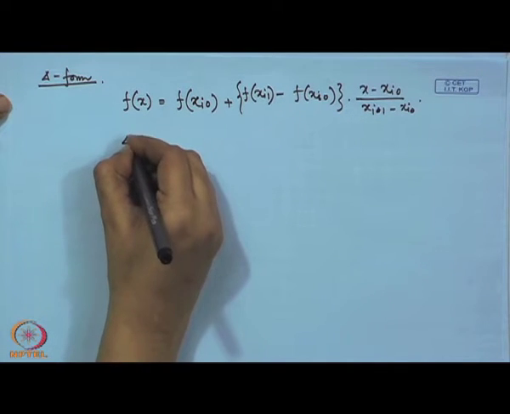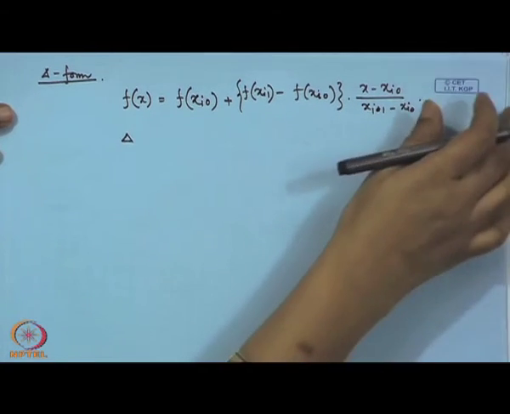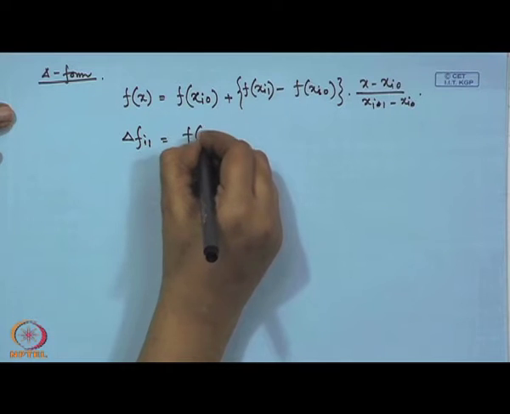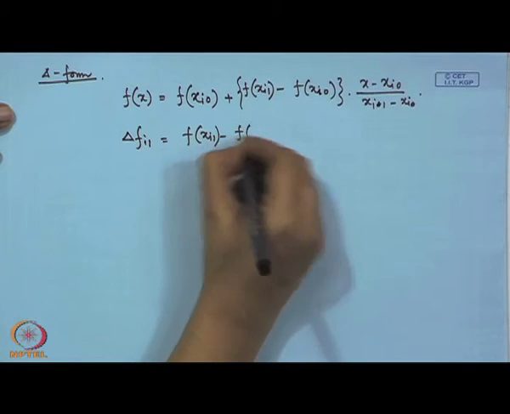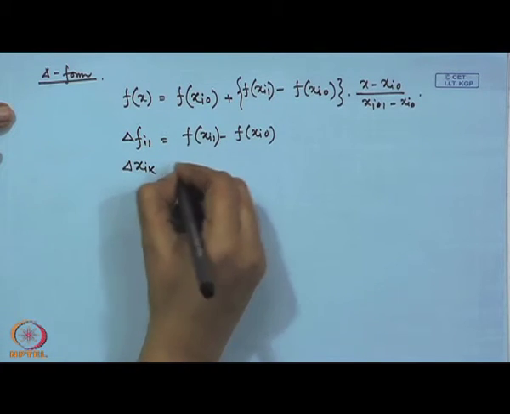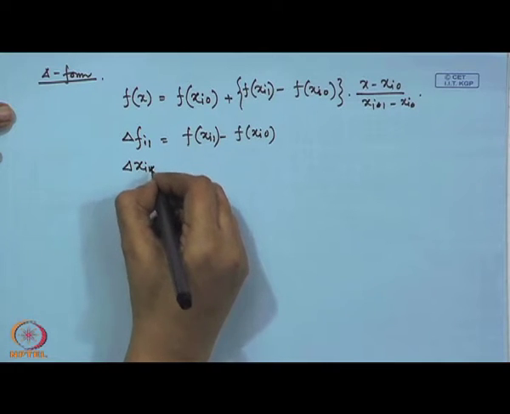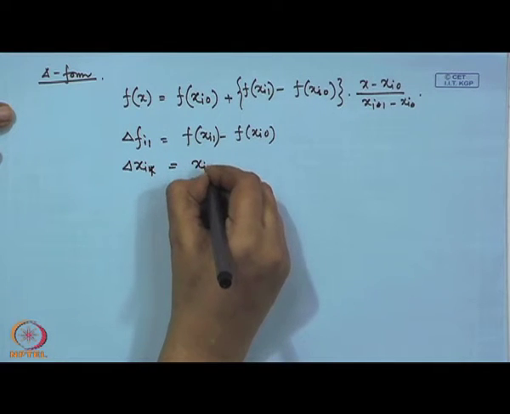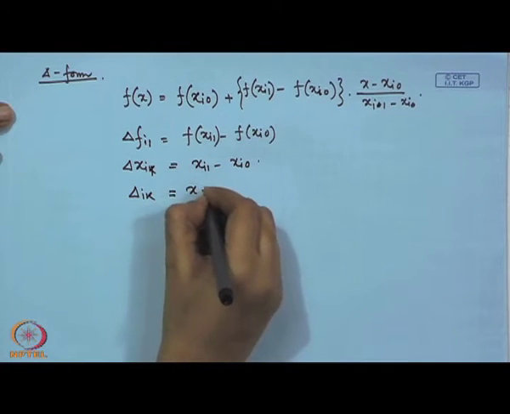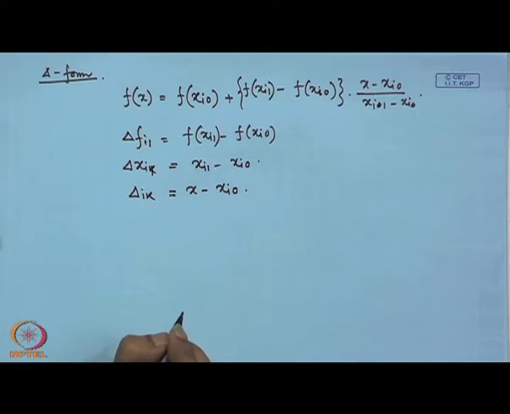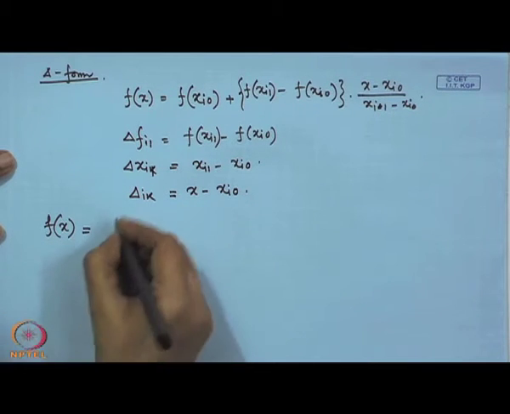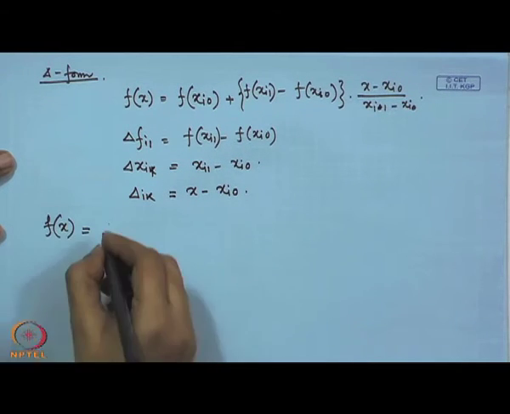Here we are considering some other decision variables. We are considering delta f i1 as f of x i1 minus f of x i0, and we are considering the difference of x as well, delta x i1 as x i1 minus x i0, and we are considering delta i k as x minus x i0.